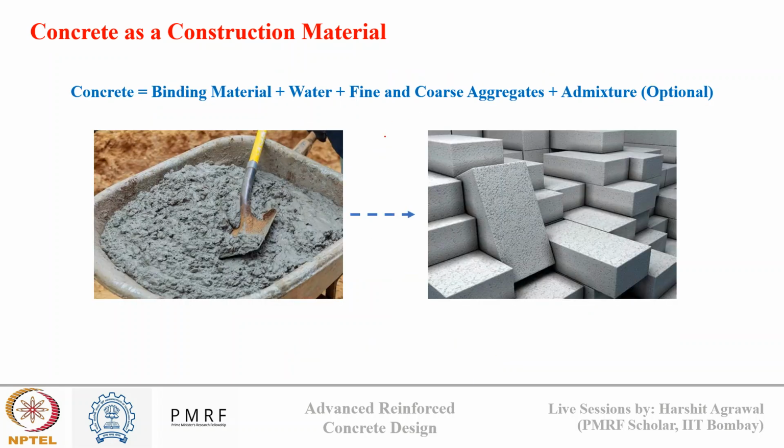So the illustration of this formula you can see in the images here. The first image shows a flowable slurry-like material that is produced after initial mixing of all these components. Okay, and the second figure shows what happens over time, how concrete hardens and sets into a definite stone-like mass which we use for construction activity.